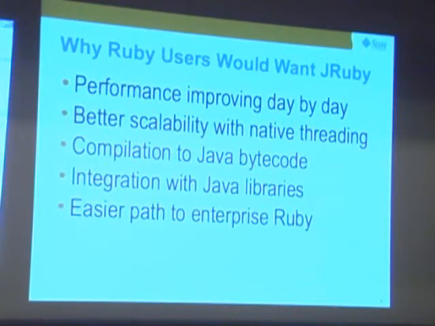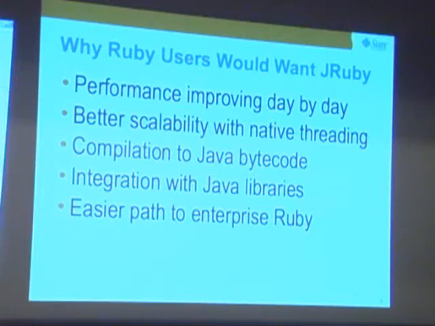Okay, so some Ruby users wonder why JRuby would be useful. Here's a few of the reasons. Performance is getting better and better. We've done a lot of work to improve performance over the past year. We think that we can scale very well because JRuby uses Java's threads, which are usually just native threads with no giant lock, so it's true concurrent threads.